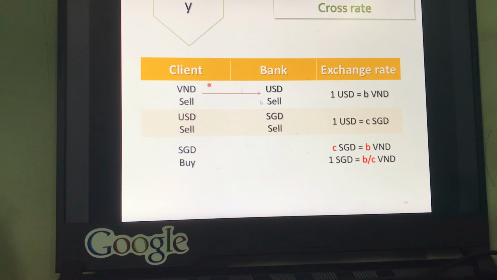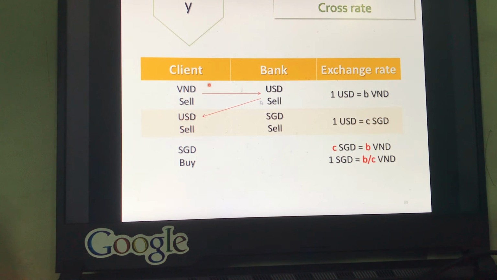In other words, the bank will sell the USD, and because in the exchange rate of the USD against VND, USD is the commodity currency, VND is the term currency, okay? So in this transaction, the bank sells the commodity currency, so we apply the offer rate in the exchange rate of the USD against VND.